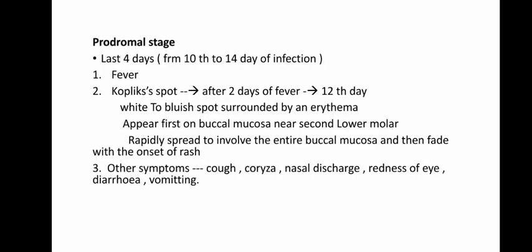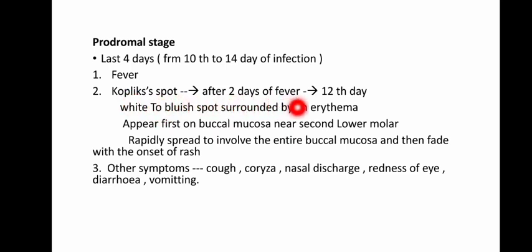It has three stages: prodromal, eruptive, and post-measles. The prodromal stage lasts about 4 days, starting from the 11th day to the 14th day after the incubation period. It starts with fever and Koplik spots.